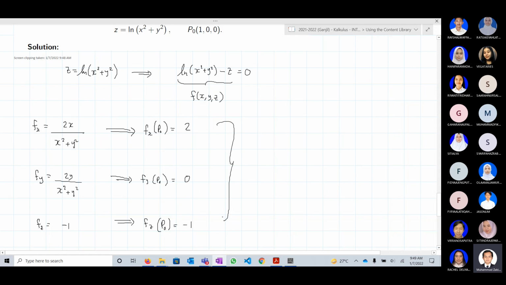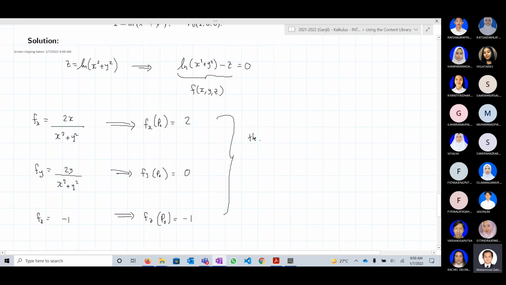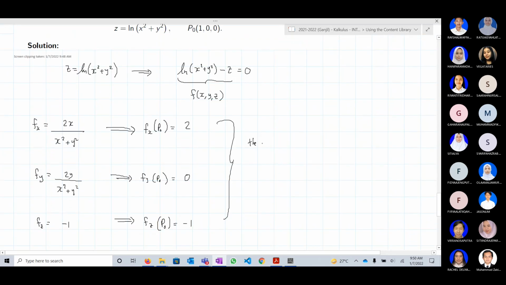So from here the tangent plane is, we simply put in everything from the formula: 2 times (x minus 1) plus 0 plus minus 1 times (z minus 0) equals 0.